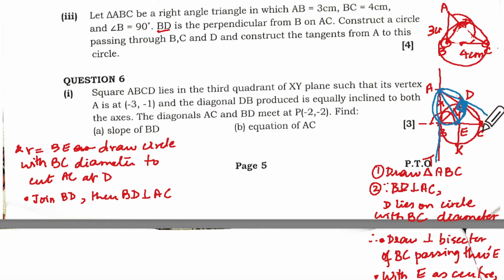Understanding? Yes. Okay, so with AE as the diameter, I will construct the circle which will cut somewhere here. Let us say it will cut at F. Then AF will become the tangent.